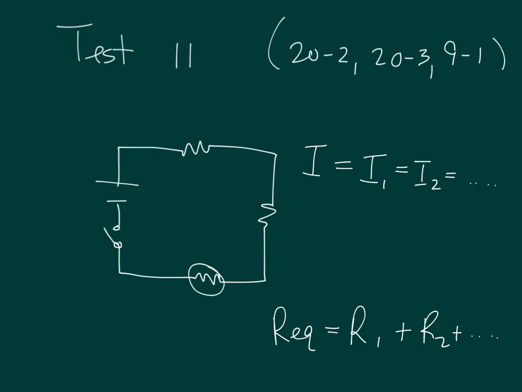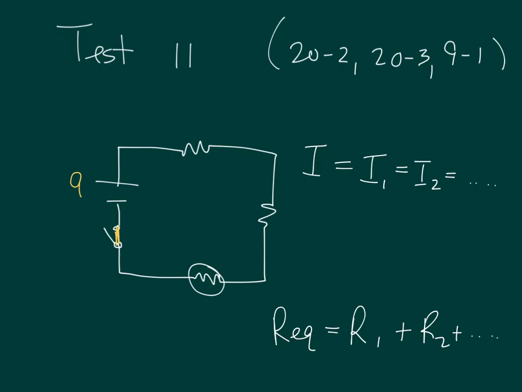If there's 9 volts supplied by this battery and I close this switch, it means that those 9 volts are being given to each resistor. The question is how much goes to each, and that's really a function of the actual resistor itself. Okay, the actual resistor itself.